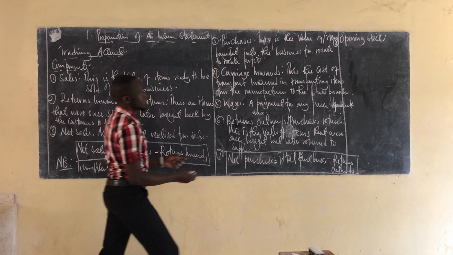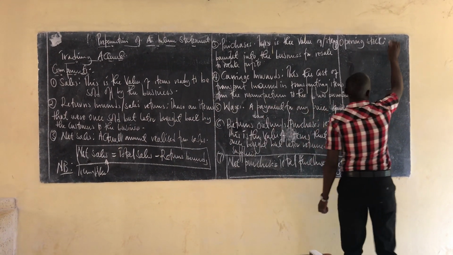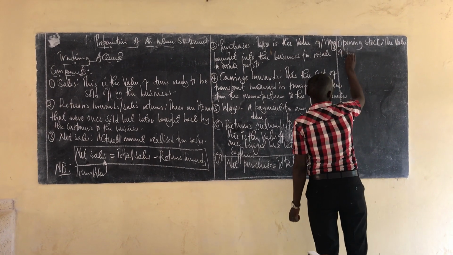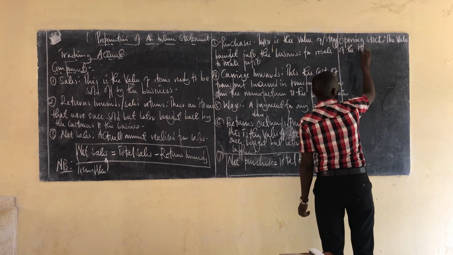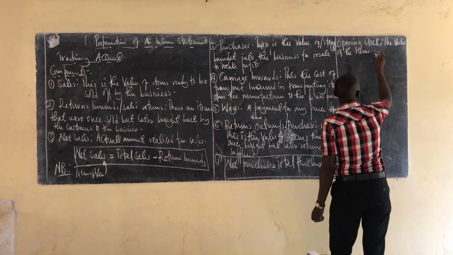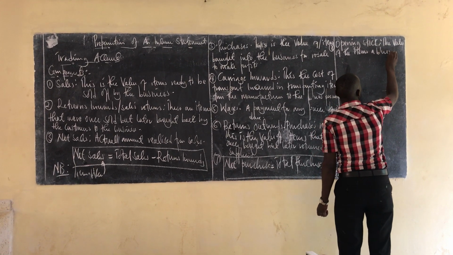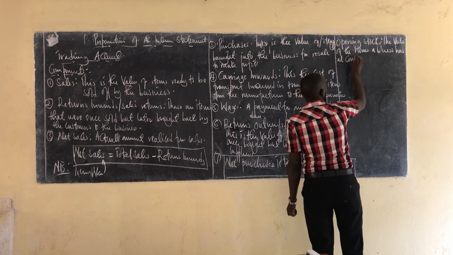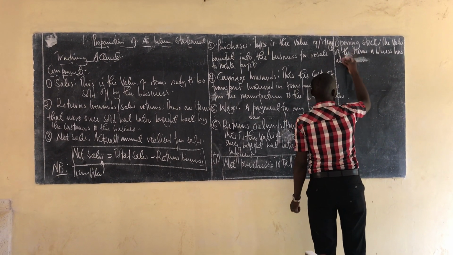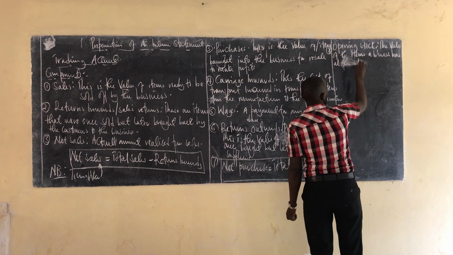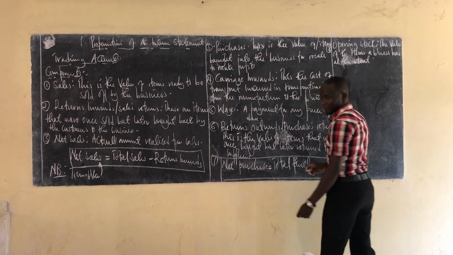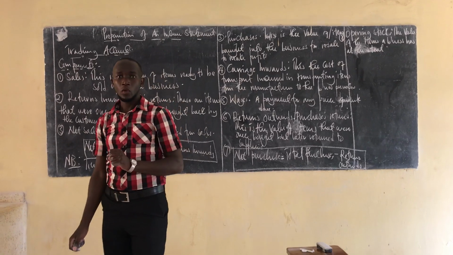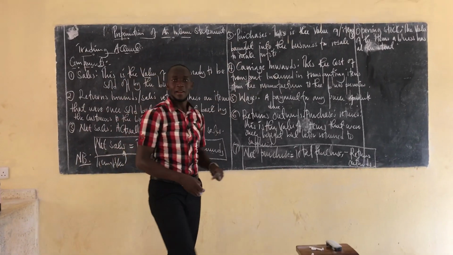So when you have this opening stock, as at commencement, you can say at the start. That is the opening stock. Remember, we have 2 types of stock. We have the opening and the closing.